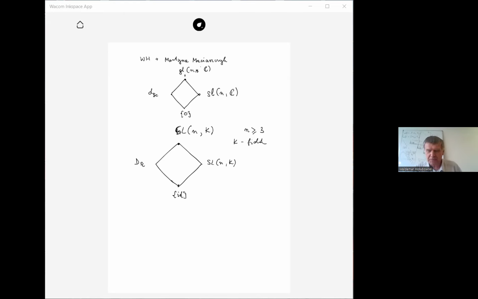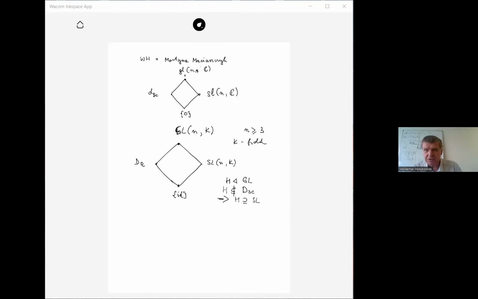Here we have a very, very old result of Jordan, who says that if we have a normal subgroup H in a general linear group of such kind, which is not contained in the center, then this normal subgroup must contain the special linear group.